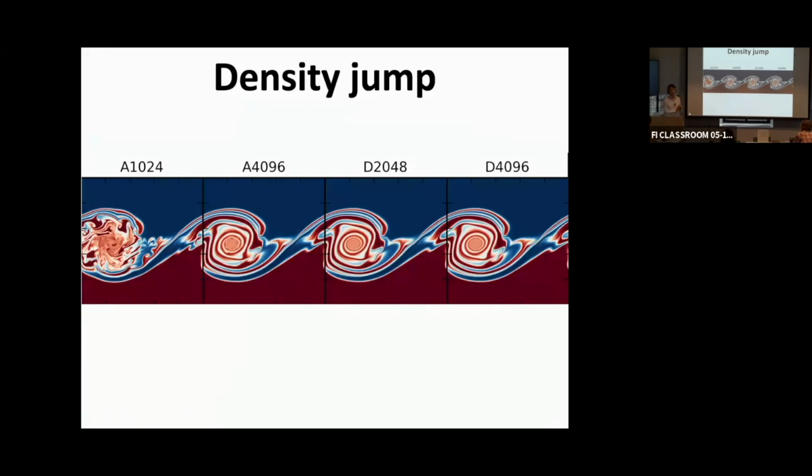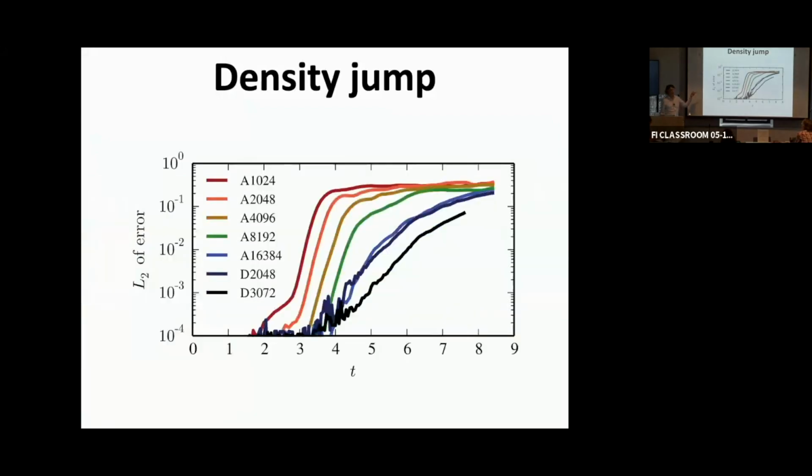Can I just ask a very simple question? When you talk about convergence, how are you judging that? Is it just by eye looking at images like this, or is there some kind of metric? So we're calculating the point-wise difference between all of the solutions, squaring that so it's positive, and integrating.